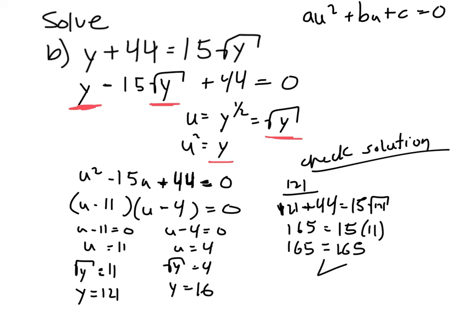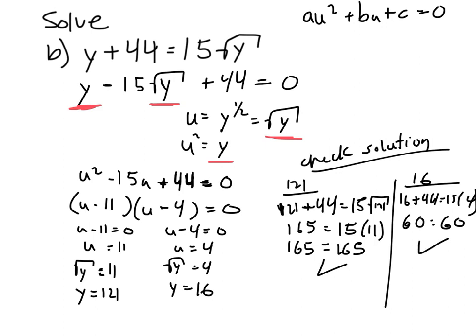Okay, so check. So that's a valid answer. Alright, then also let's check 16. So here we'll have 16 plus 44 equals 15 times the square root of 16, which is 4. And so 16 plus 44 is 60. 15 times 4 is also 60. So check. This is also a valid answer. So your solution set is 16 and 121.